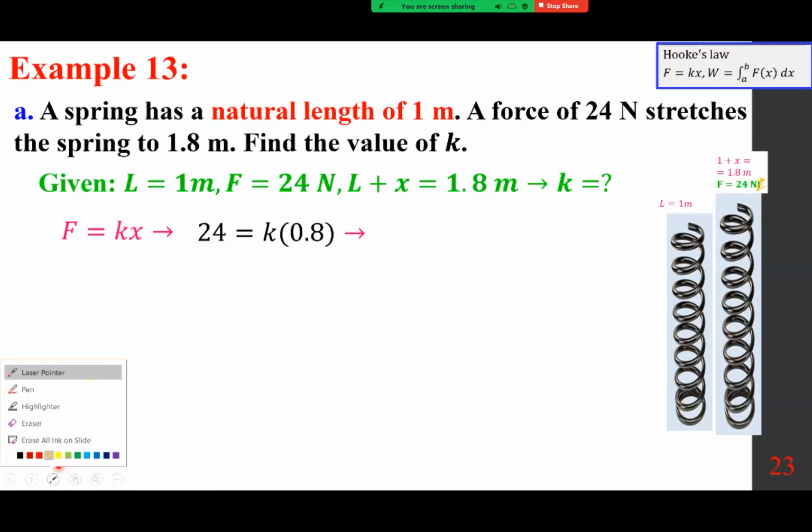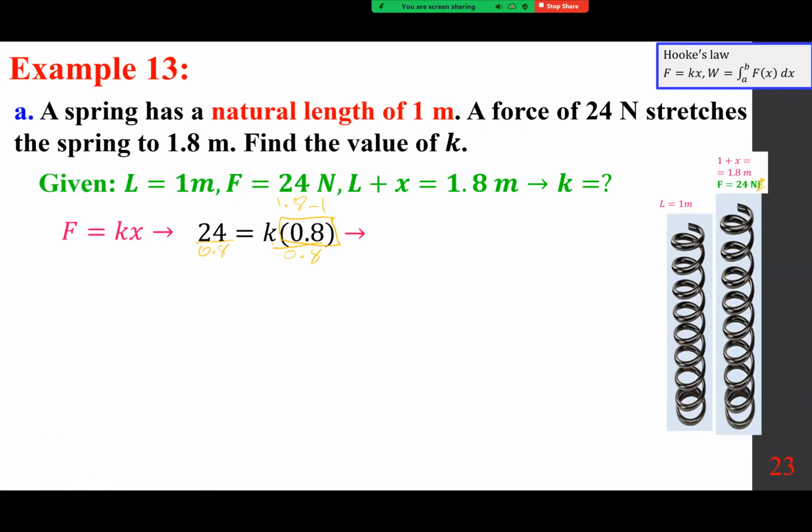So let's write this, and divide both sides by 0.8, which becomes 240 divided by 8, or 30. K is 30, therefore F is 30x.